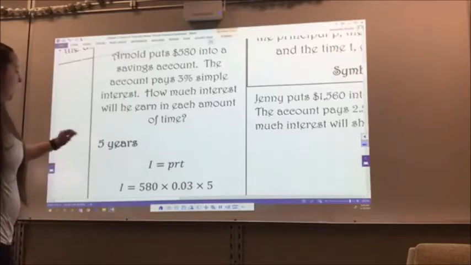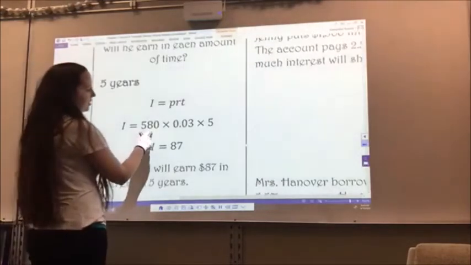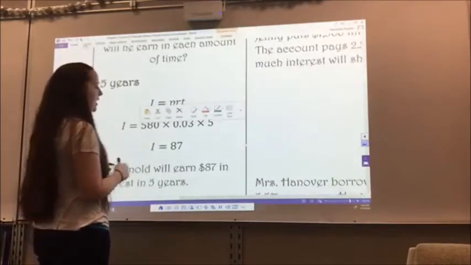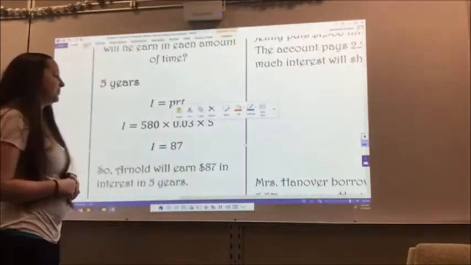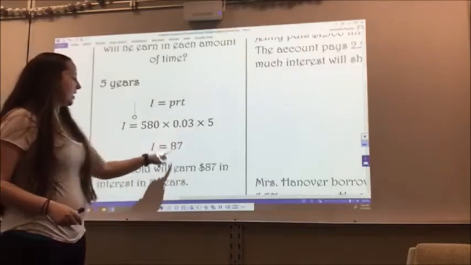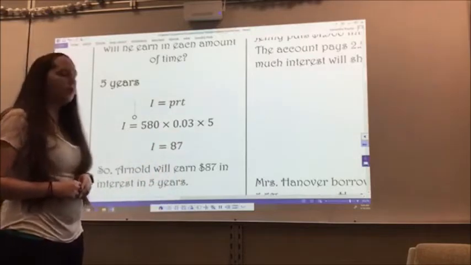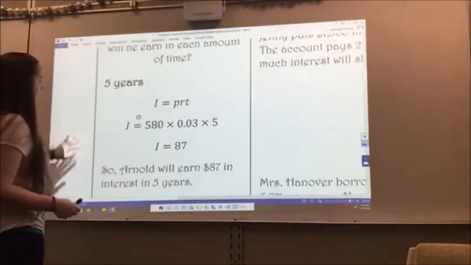And then I want to know how much he'll earn in 5 years. So $580 is the principal. That's the amount that I put in, times 3%, which I changed to a decimal, times 5. Okay? Multiplied all that together and got $87. So he'll earn $87 in interest in 5 years.